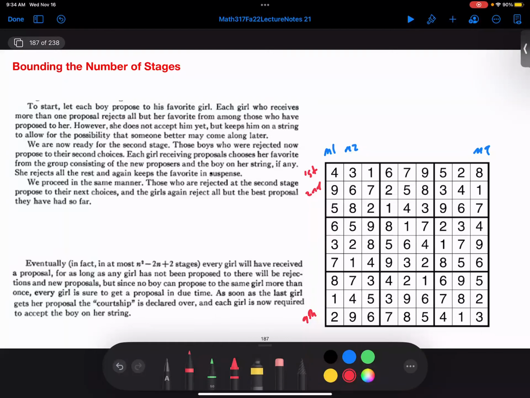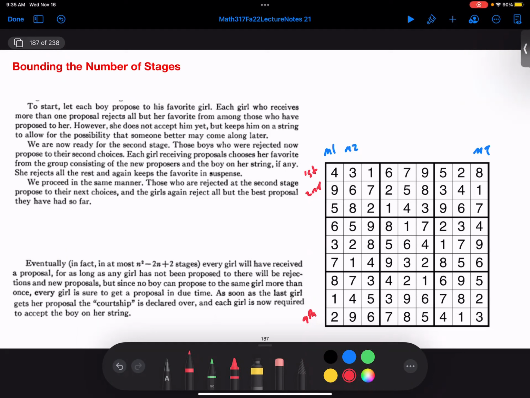Every man gets rejected n times. Okay, so why does that lead to n squared? You want to have as many stages as possible. So how could you have as many stages as possible? How many people do you want to have in each stage?